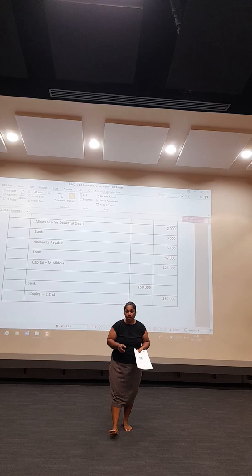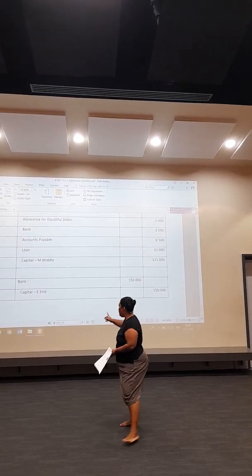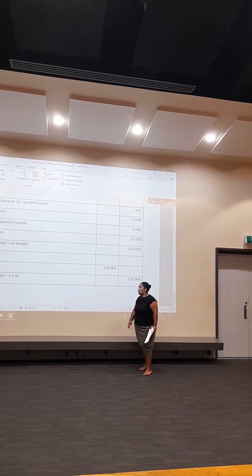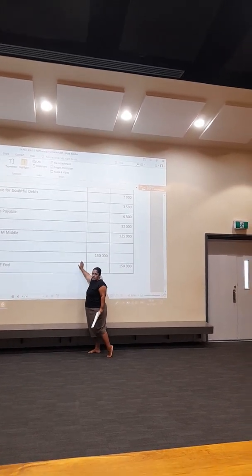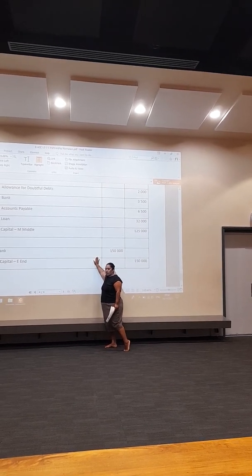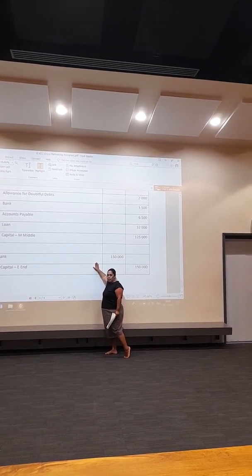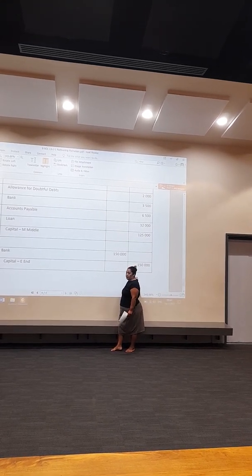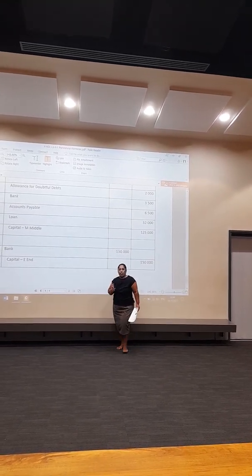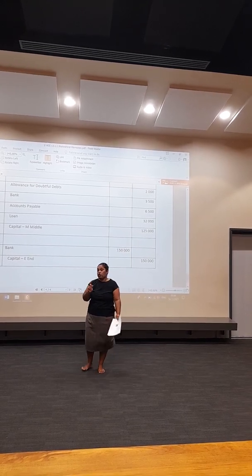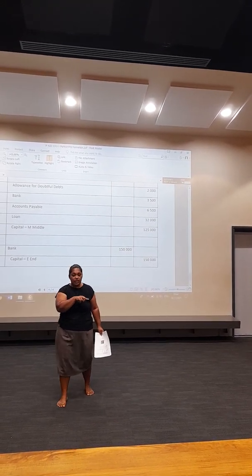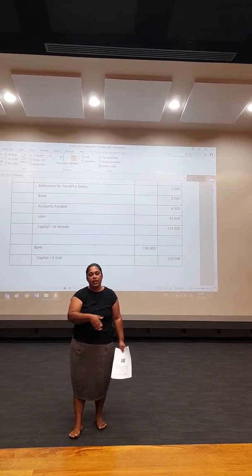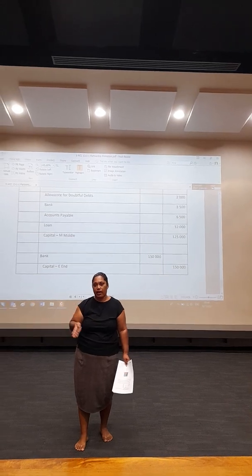You can calculate it, and it comes to 150,000. So basically, we're going to debit bank. Some of us must have written cash. That is okay if you've written cash. So debit bank, credit capital, End, 150, 150. This way, he gets 1/3 of the partnership, which means that Start, Middle, and End are all equal partners. That means they have a 1/3 share each.